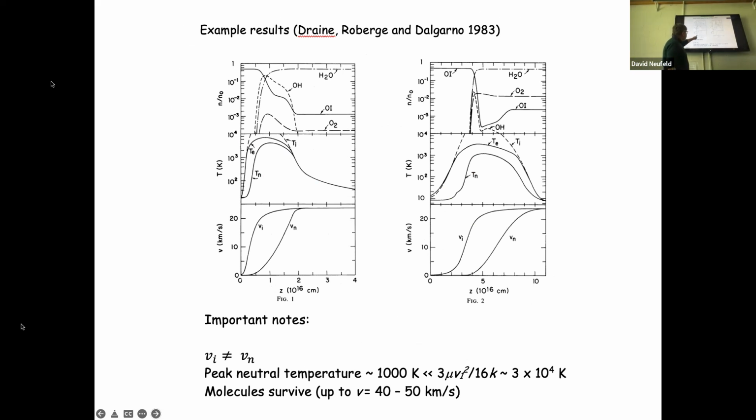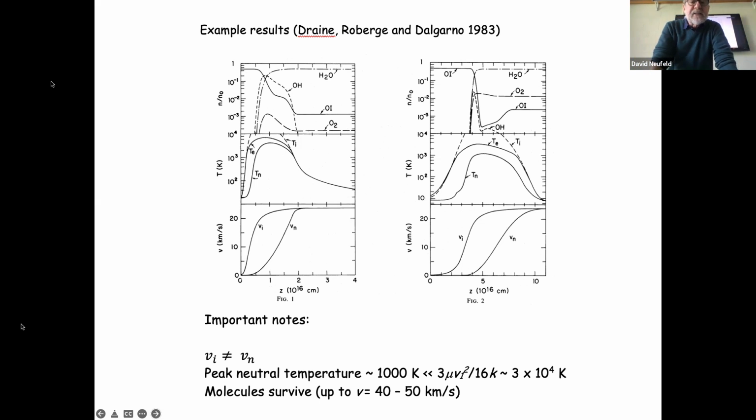And what you can see in this lower panel is how the velocity of the ions changes, and then lagging behind, the velocity of the neutrals changes, and the gas gets heated up to a few thousand Kelvin, which actually is not enough to destroy the molecules, but just heat them up and modify their chemistry.